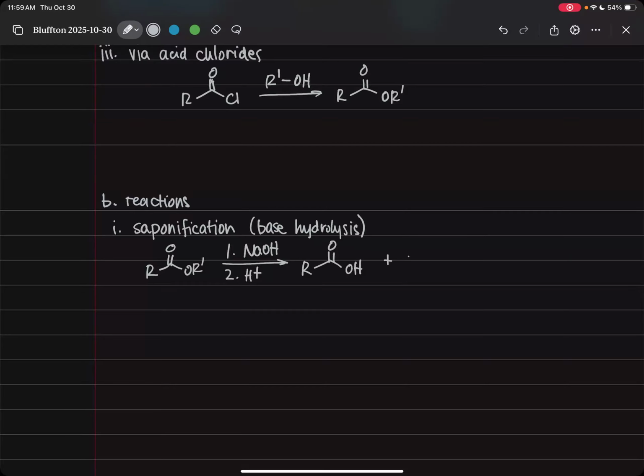And we get a carboxylic acid and an alcohol. Or you could say, let's just do the sodium hydroxide. That's going to give us a carboxylate.